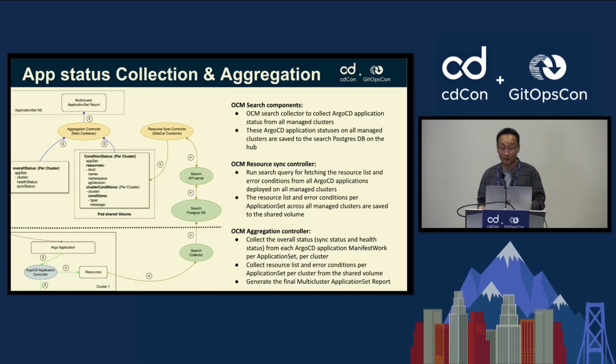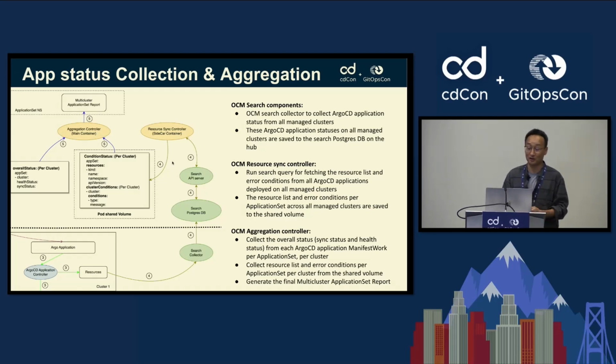Then we just need to fetch the overall status and the per-cluster condition status from the managed clusters by fetching the status from the manifest work status directly. If that is ready, we will probably drop the search components dependency in future releases, which will provide us more efficiency.